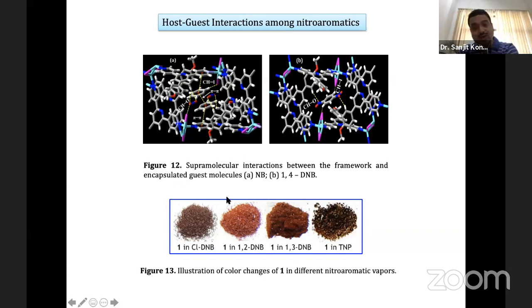So these are all explosive, but when you expose our metal organic framework to these different nitroaromatic explosives, just by seeing the color, you can identify the actual chemical species, which is not possible so simply. You would have to do NMR or some other characterization. So our material can easily distinguish even between different nitroaromatic explosives just by showing different colors.